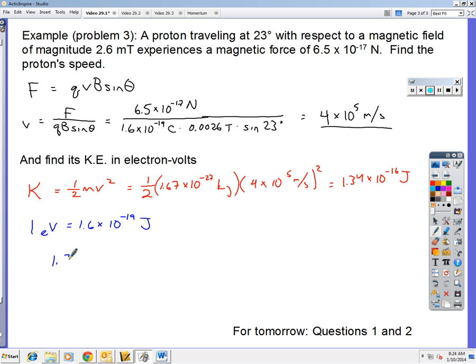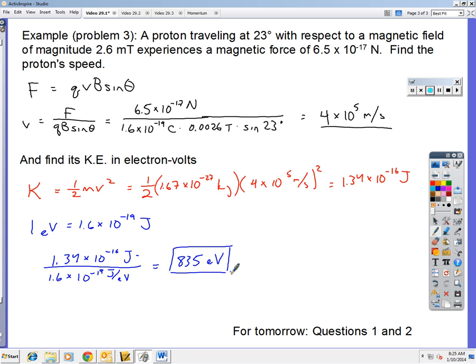So we have 1.34 times 10 to the negative 16 joules divided by 1.6 times 10 to the negative 19 joules per electron volt, and that works out to be 835 electron volts. So you could get a proton up to this speed by accelerating it through an 835 volt potential difference. Incidentally, that's not particularly high energy for a proton.